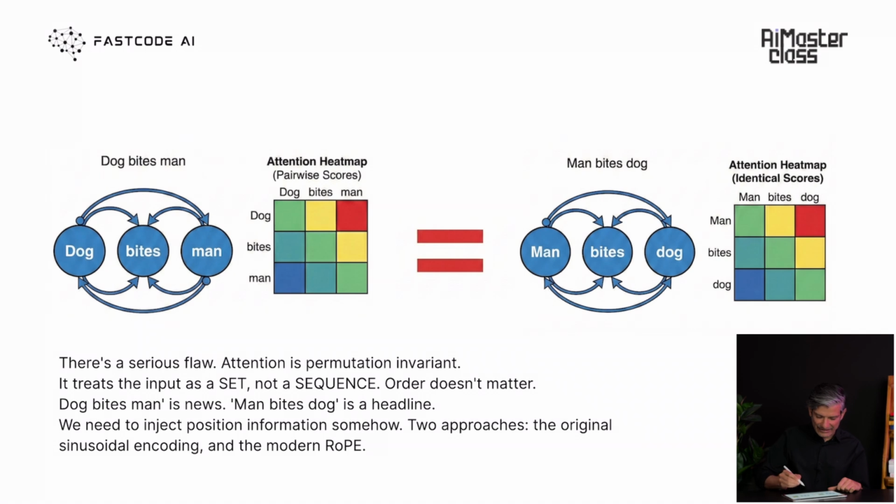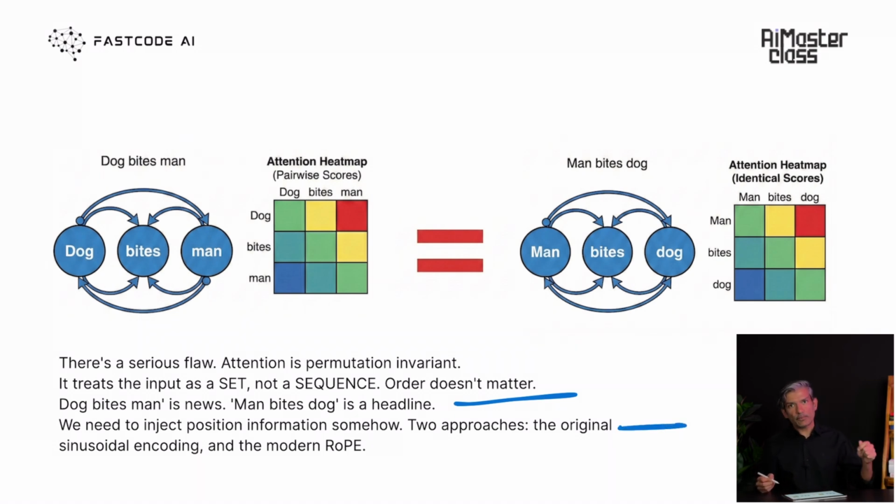It treats it as a set of words and not a sequence. Order doesn't matter. Like dog bites man is news, but man bites dog is a headline. But we currently do not differentiate between that, and we need to inject this positional information somehow.